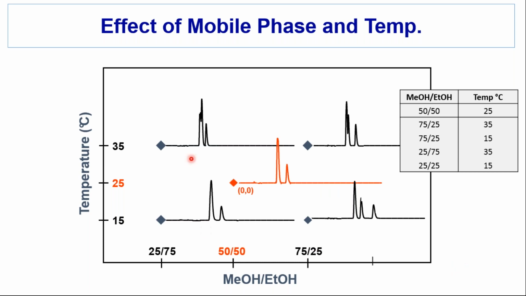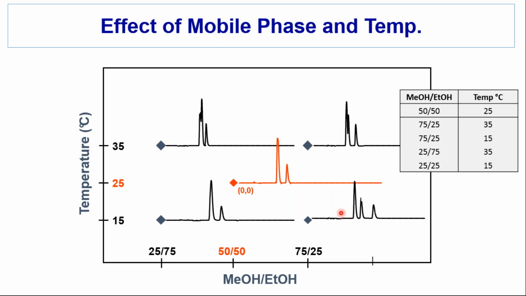So I can compare, okay, this is at 1 to 3 methanol, ethanol at high temperature and low temperature. And I can improve the separation as I go to higher temperature. But at 1 to 3, the separation improves as we go to lower temperature.